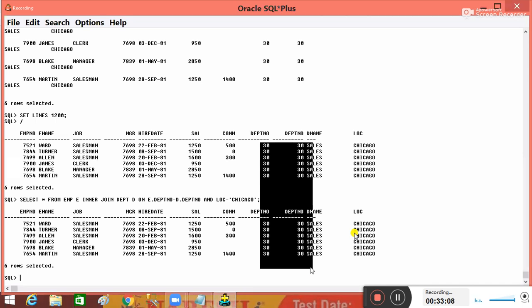But guys, observe: matching data only we are retrieving means unmatching data we are losing. Yes or no? Matching data only we are getting means unmatching data we are losing in our tables.